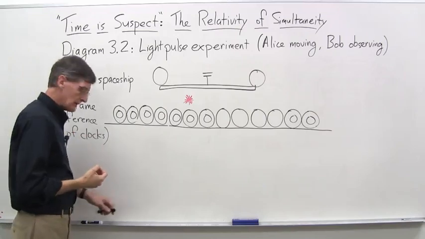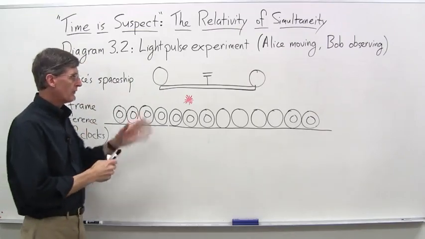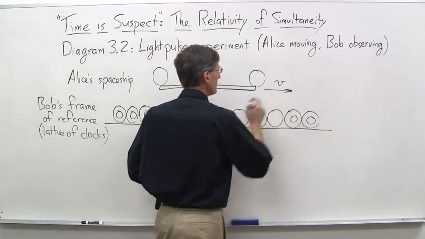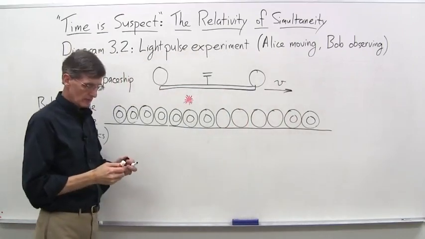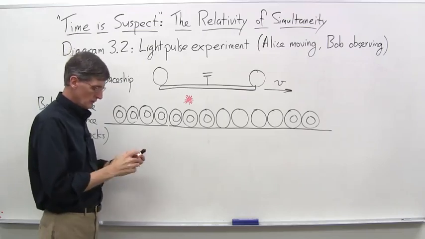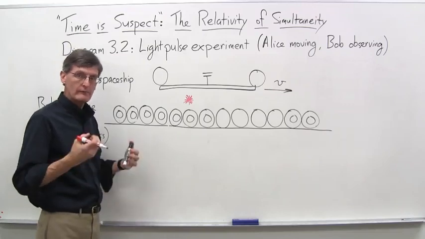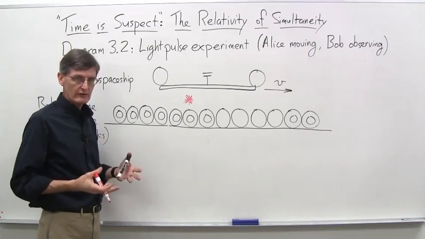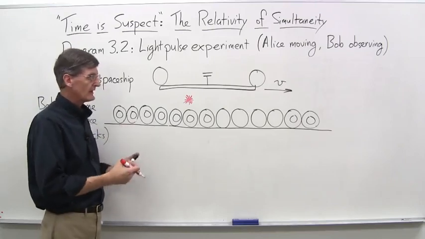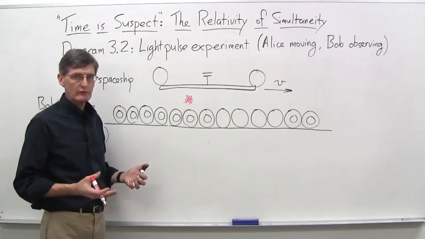But we have to think about a key thing here, and that is, with the paintballs, remember, the velocity is added. We had the velocity of Alice going in this direction, v, and now we have the velocity of the light pulses at velocity c. But remember, Einstein's principle of light constancy, combined with the principle of relativity, led us to the conclusion that the speed of light is the same for all observers.